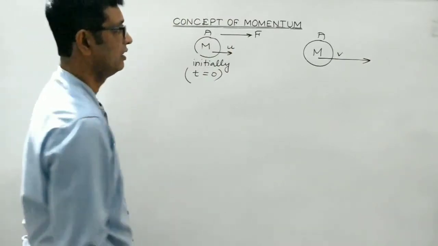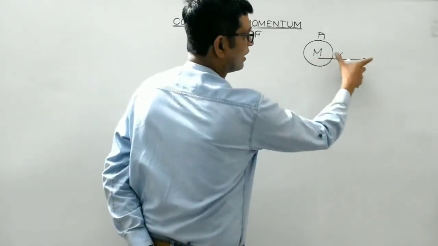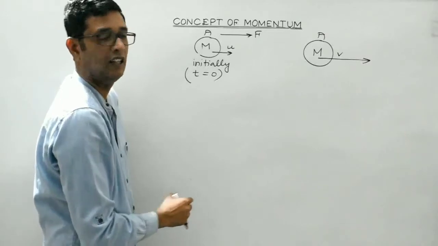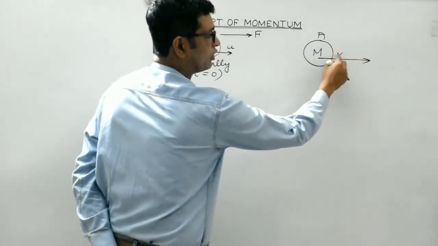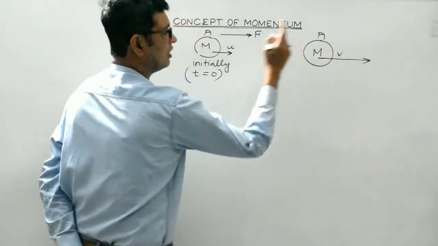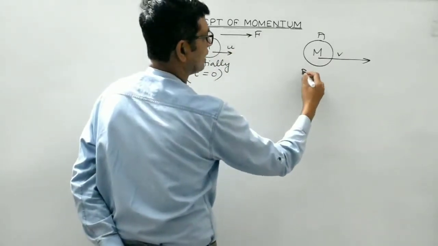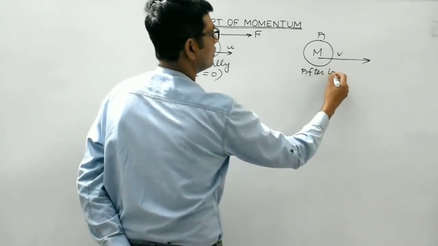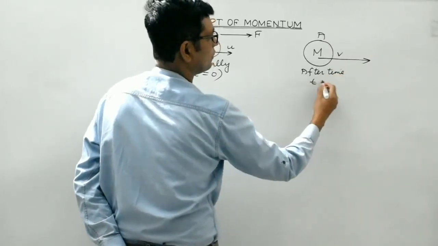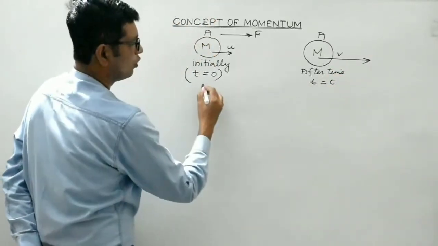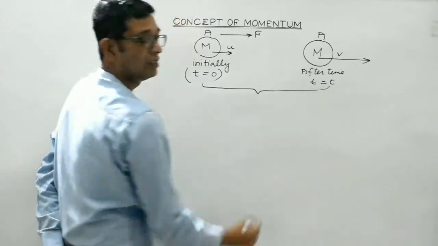Now students, look, here I have represented the velocity with an arrow of longer length. Longer length represents that the magnitude of the velocity is much larger as compared to the initial case, right? So this is after time t. What is the time that has elapsed?